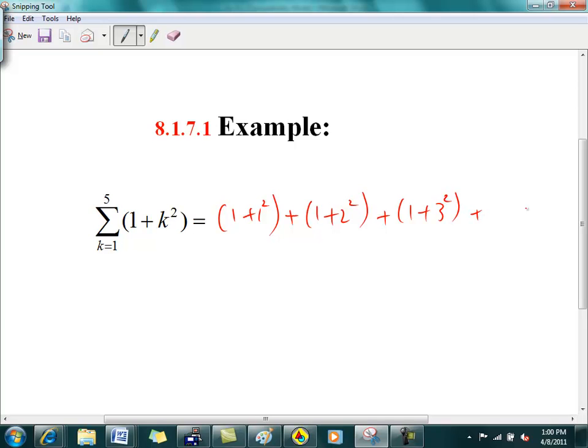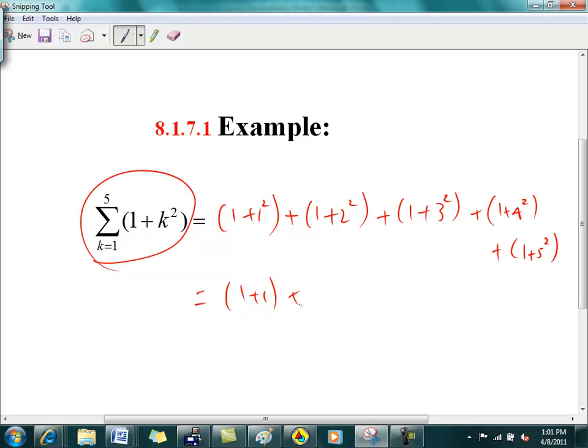Chris, the one after that? 1 plus 4 squared. And Ashna after that? 1 plus 5 squared. That's all this fancy thing means. After that, you guys know how to do this. This is 1 plus 1, plus 1 plus 4, plus 1 plus 9, and so on. So all I'm saying is that this is a shorthand form for this.